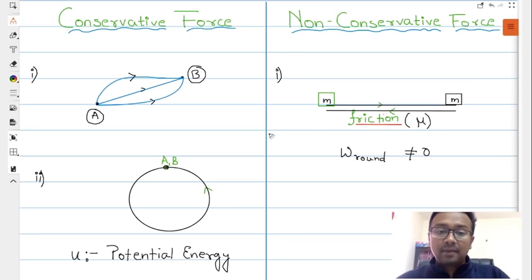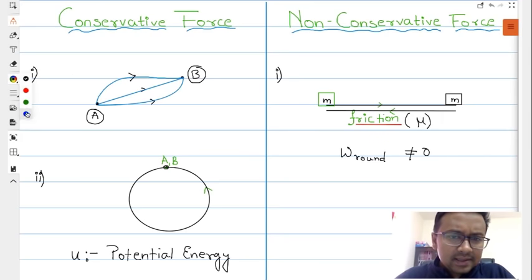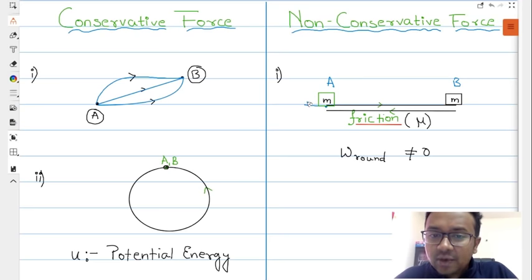A simple example: say this block has to go from point A to point B. Here the friction F is going to act in this direction.